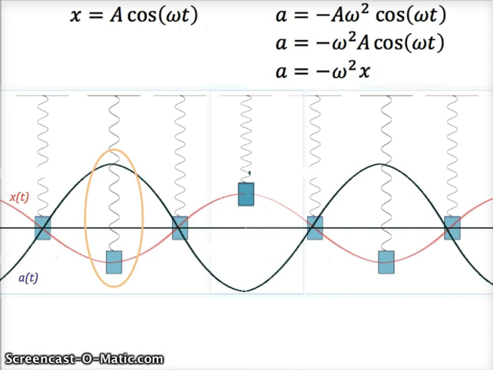And so we can replace that with x. That capital A cosine of omega t is x. And so we get this general relationship that the acceleration of the object is equal to -1 times omega squared times the x function. And we'll see later on how that's really important for understanding various situations.